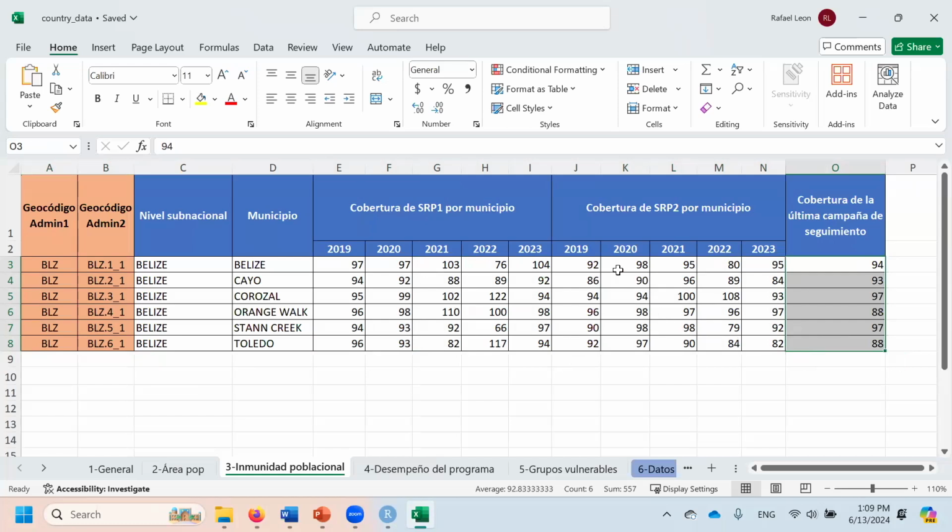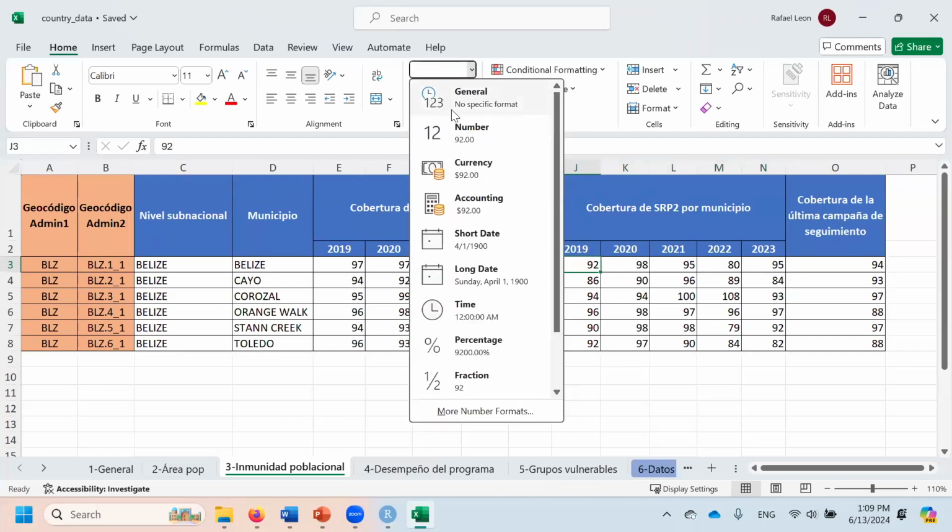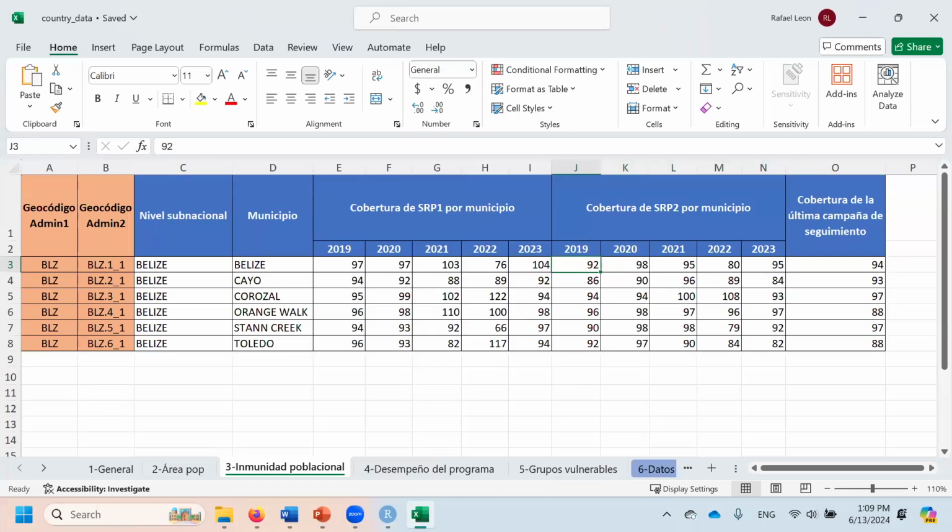It is important to note under the coverage data that this has to be filled in with regular numbers. We do not want any decimal points. And the form should be general, no specific format for Excel.